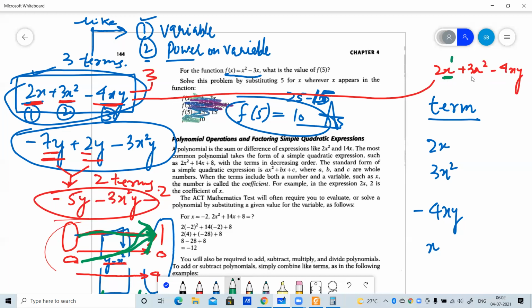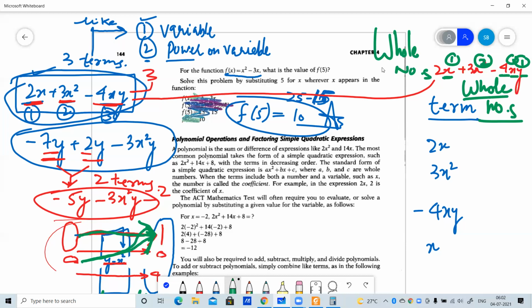And what is it in 3x squared? 2. And what is it in 4xy? X has 1 and y has 1. So 1, 2, 1, 1. These are all whole numbers or natural numbers, right? Right. If you're having the combination of the terms where the variables have powers as whole numbers, or you can say natural numbers, then we can say that that combination of terms is a polynomial.